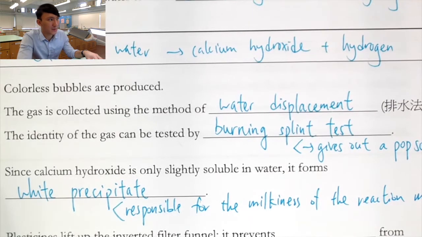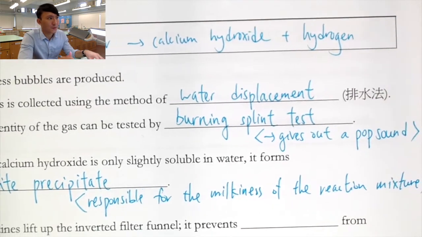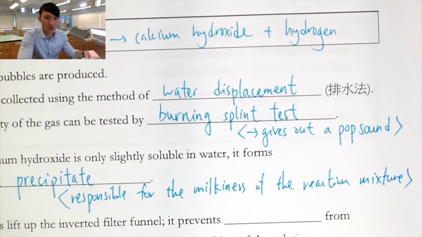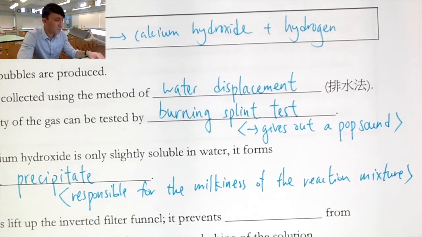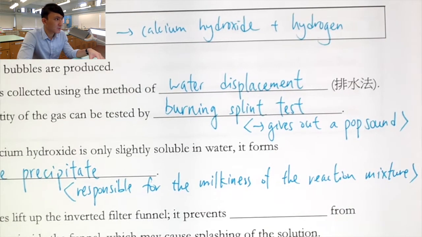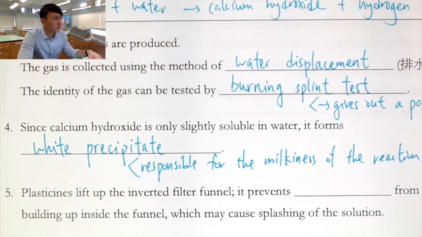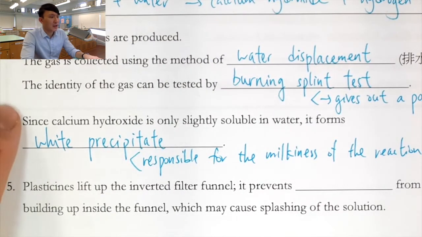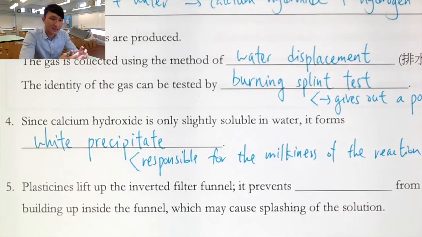The white precipitate is responsible for the milkiness of the reaction mixture. And of course, if we have added the universal indicator, the indicator should change from green to blue, or the solution should change from colorless to blue. Okay, so this one, if you wish, you can mark it down.